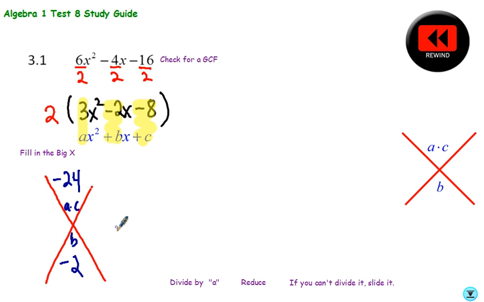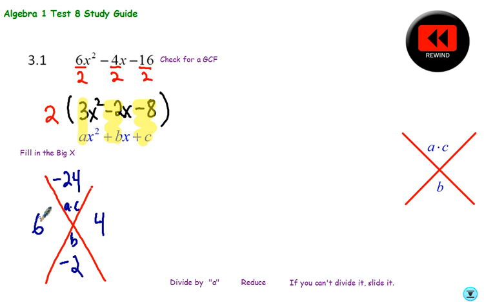So if you think about the different ways that you can multiply to 24, numbers might jump out in your head. You might say 8 and 3, but then you're like, wait, that doesn't add or subtract to 2, so I don't think that'll work. 12 and 2, no, that won't work. How about 6 and 4? And you'll notice that this number is negative, so what that means is that one of these numbers has to be negative.